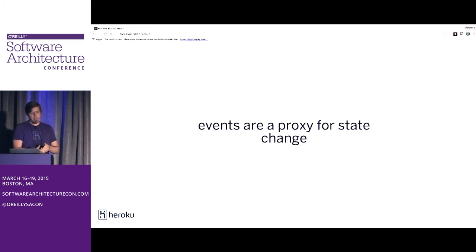So when we think about events, what we're actually thinking about is a proxy for a set of state changes or data mutations. So X happened is actually just shorthand for objects A, B, and C have been mutated.